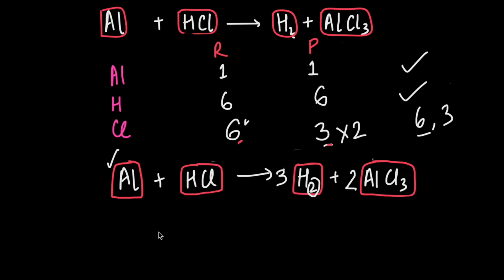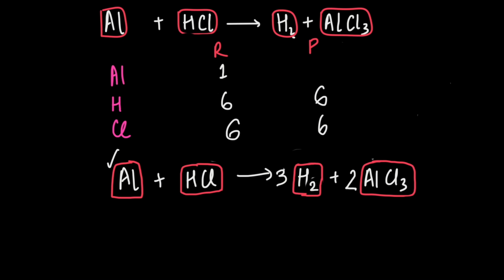So now once again we will go through the same process of reviewing the equation to see if all the atoms are balanced. Here I'll start with aluminium once again. On the reactant side we have one atom of aluminium, but here because we multiplied the aluminium chloride with 2 to make the change, this is a little cumbersome, but stay with me guys.